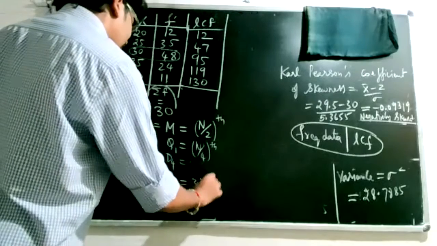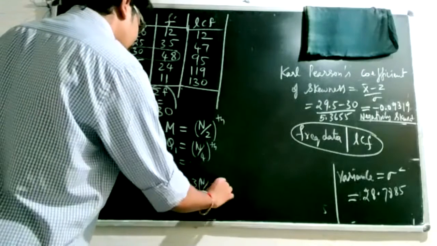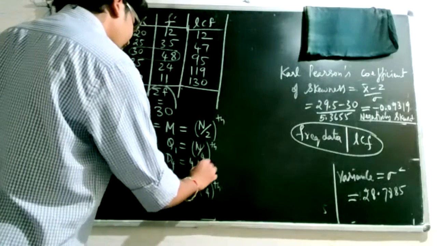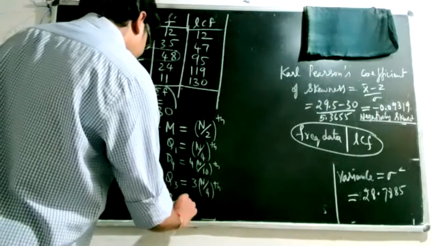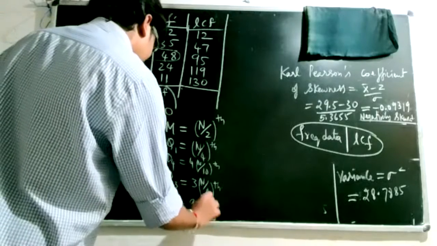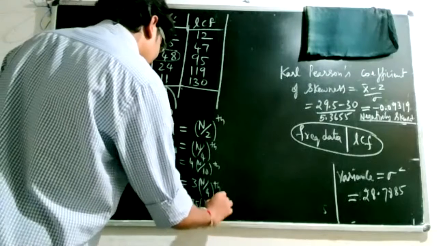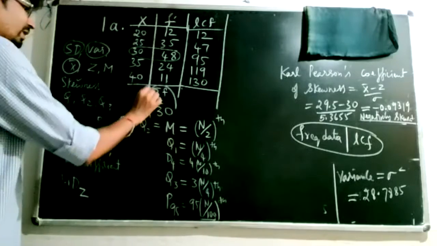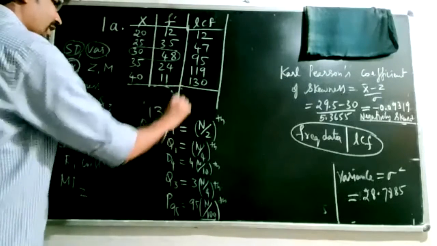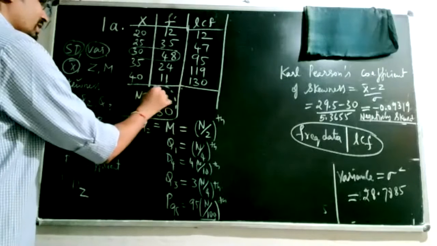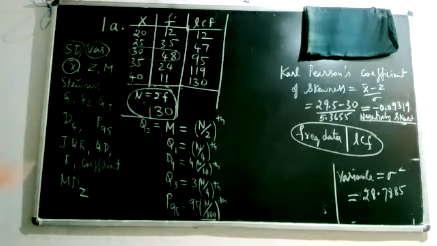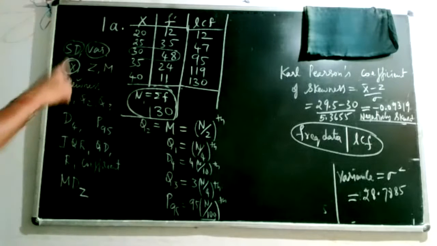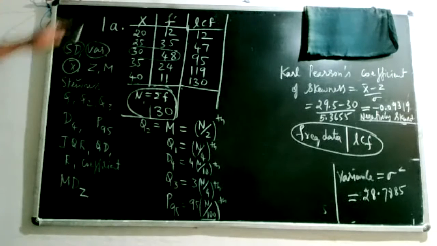Q3 is 3n by 4th value, D4 is 4n by 10th value, and then we have P95, which is 95n by 100th value. Please remember, in case of frequency data, we use capital N. Capital N is nothing but total frequency, which is 130. Don't just count the values of x and take n as 5. That happens only in raw data, not in frequency data.